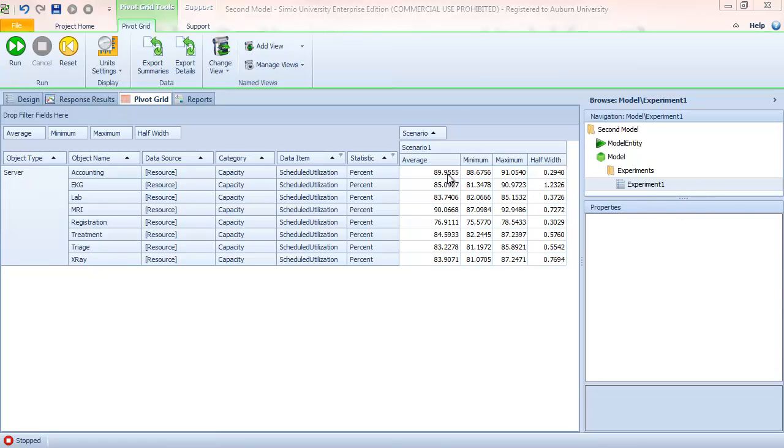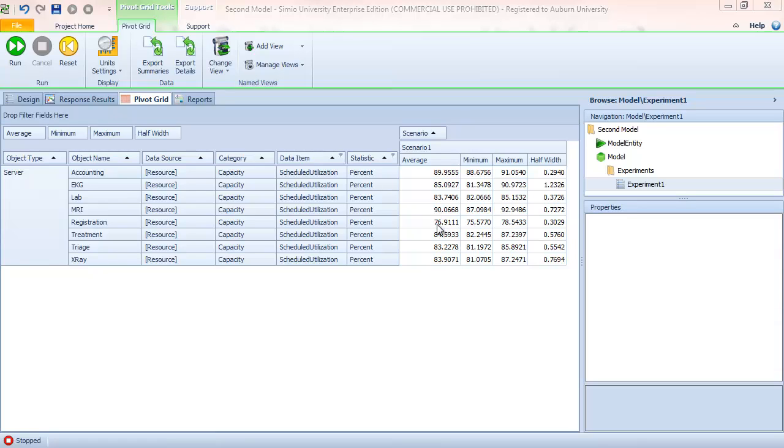So the accounting, we have an average of 89.9, and our expectation was 89.6, satisfied there. Our EKG is 85.0927, and we expected 83.3. Our lab is 83.7, and we expected 83.3. Our MRI is 90.068, and we expected 90.